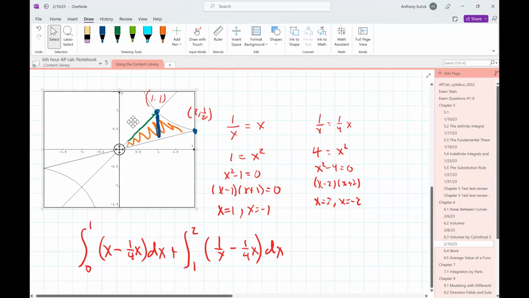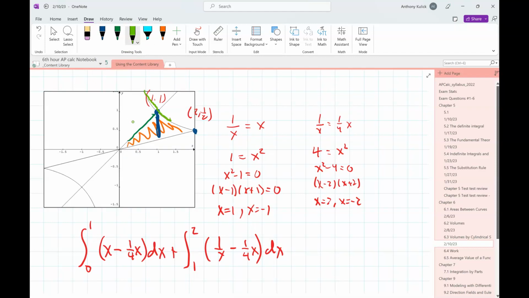And this line here is the y equals 1 over x line. So to solve for the intersection, I set those 2 things equal to each other, right? Similarly, if I want then this intersection down here, that's the 1/4 x line, and that's the 1 over x line. So to find that intersection, I set them equal to each other.